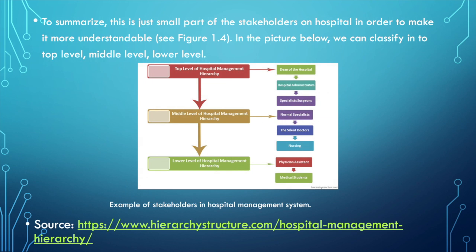As I mentioned so far, it is just a small part of stakeholders of the hospital management system. And to make it simple, we can see in the picture, we can classify into top level like dean of the hospital and middle level like normal specialist, nurse, and lower level like physician assistant and medical students.